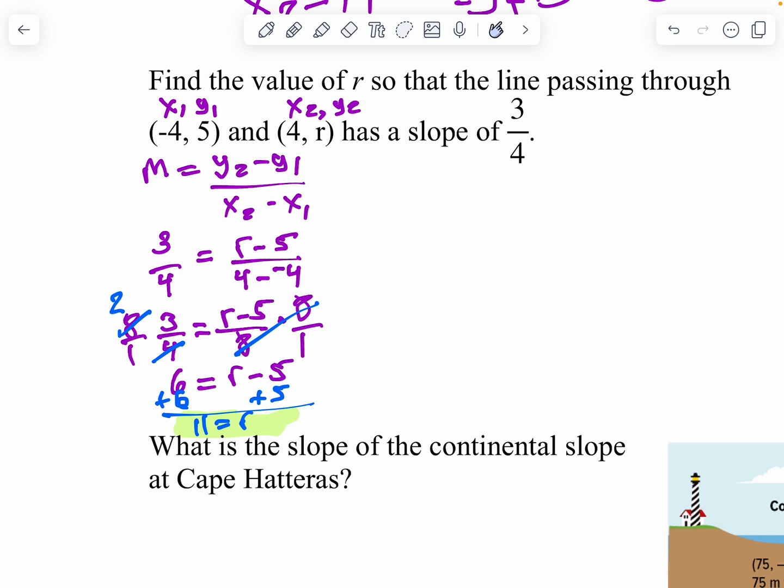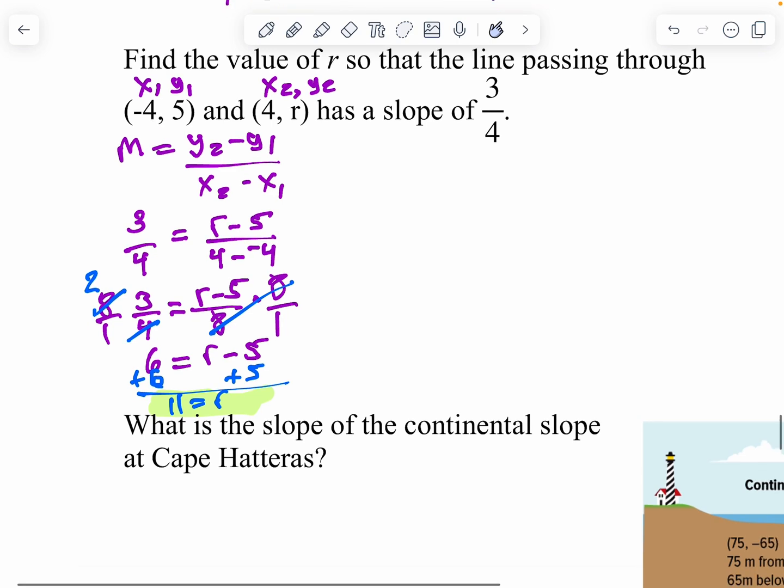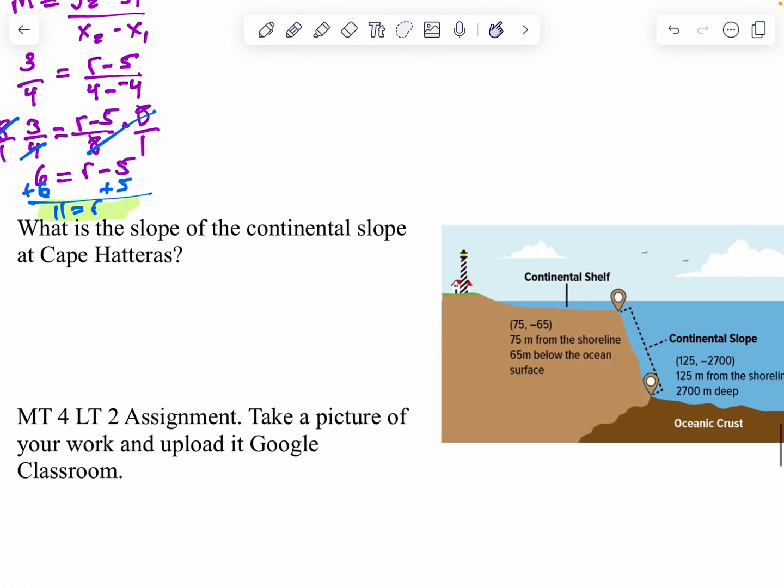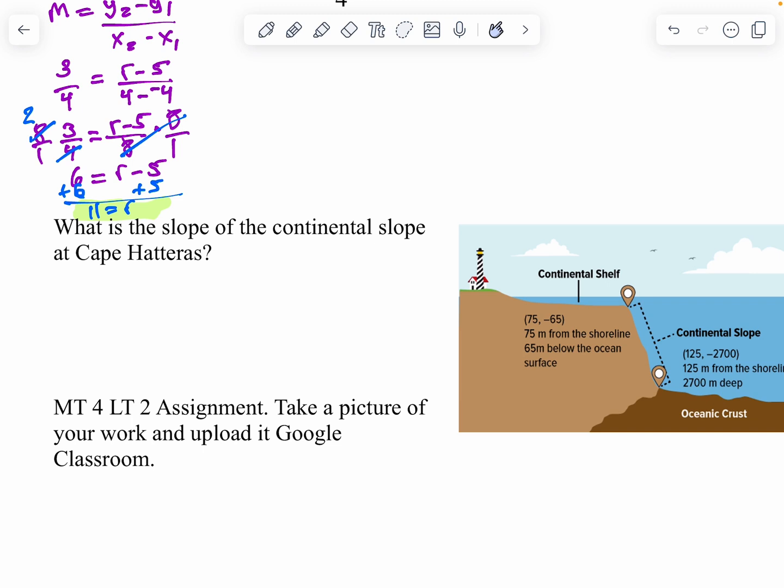Now finally, let's take a look at our last example. I've got an application here. It says, what's the slope of the continental slope off of Cape Hatteras?